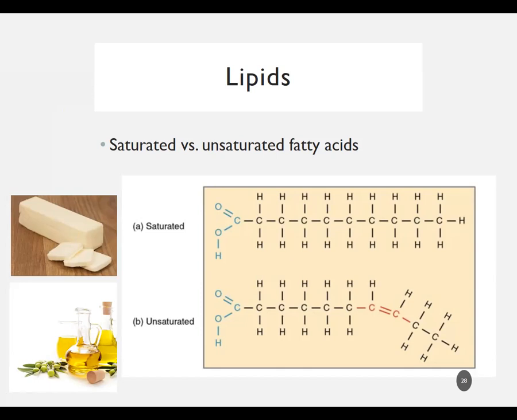If you have a bunch of saturated fat molecules next to each other, they pack really tightly, and that makes them solid. They pack tightly together because they're just one straight chain. An unsaturated fat has this double bond, which makes it kink just a little bit and keeps the molecules a bit more separated.